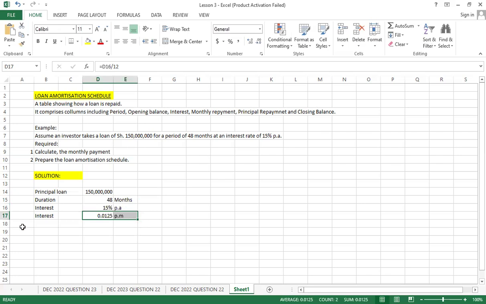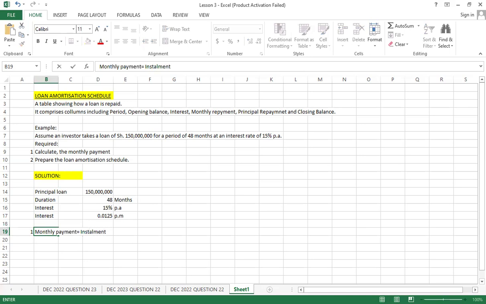All right. Now, after summarizing that information that way, can we now do number one? Number one says that we calculate the monthly payment. Ladies and gentlemen, allow me to say that this can also be called the monthly installment.